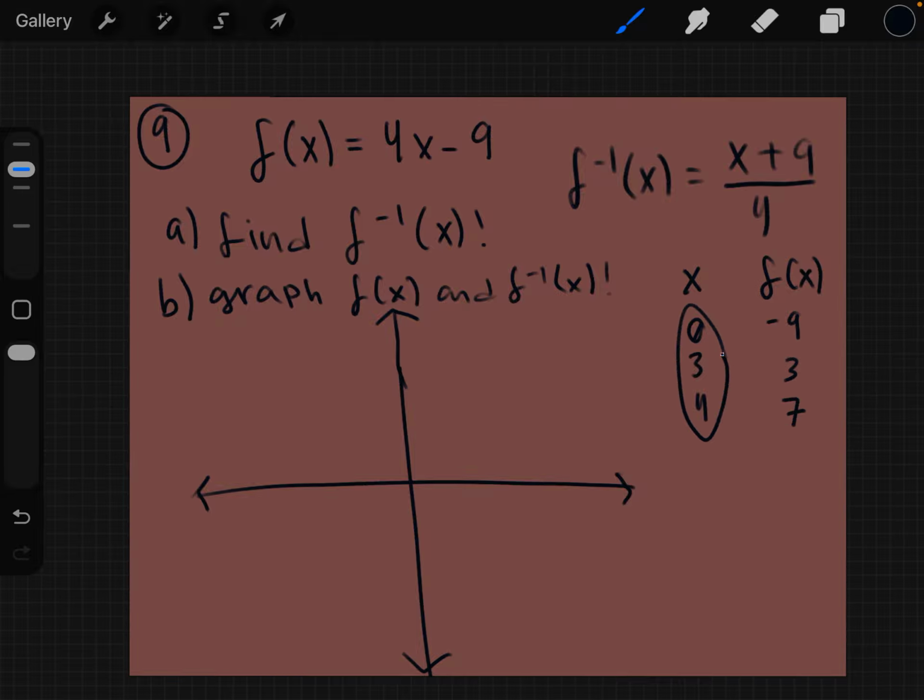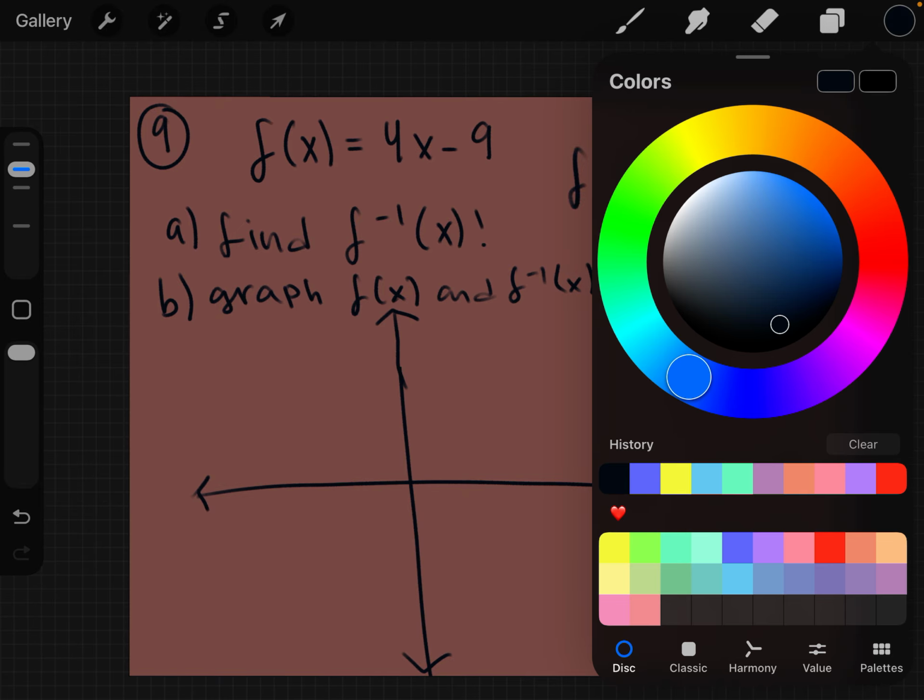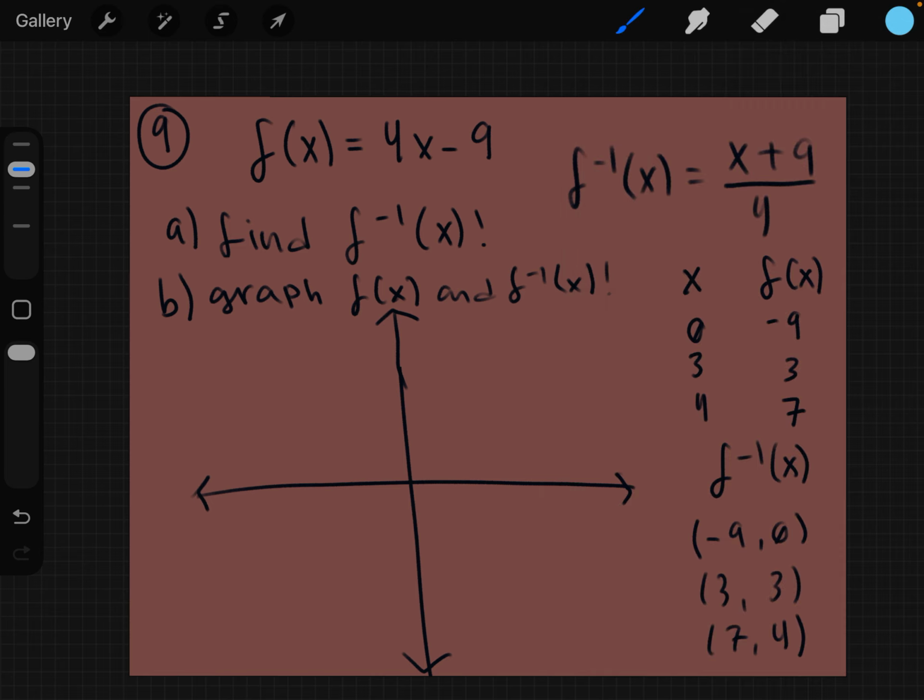I'm just plugging these values into f of x, and that's how I'm getting these, okay? So now, for f inverse of x, we just flip the x and y values. Okay, so let's do blue for f of x. So I need to add some dashed lines first, though.